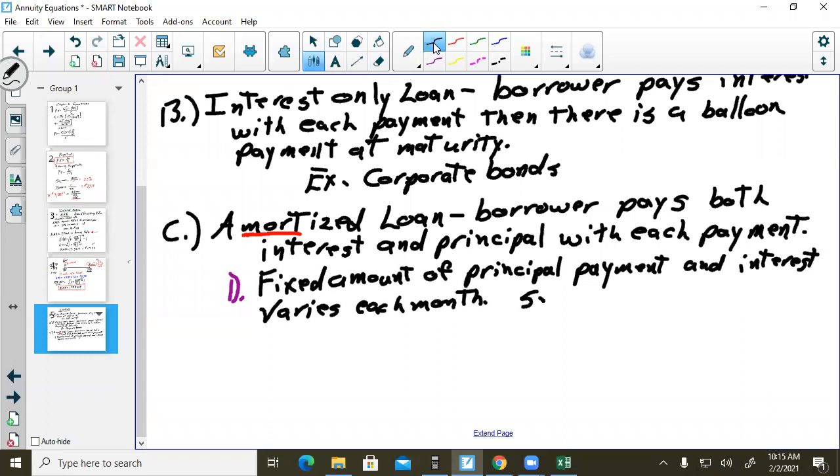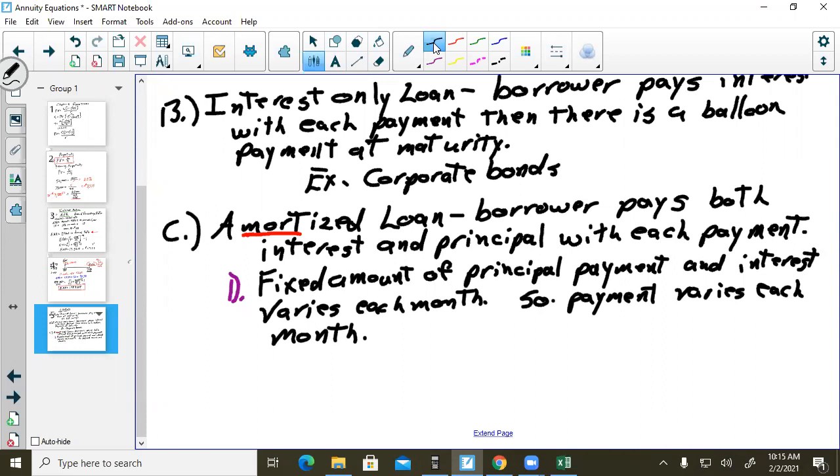Okay. So the payment varies each month. Okay. So that's the first type of amortized loan. Quite honestly, folks, you rarely see that. That's very rare that you see that type of loan.